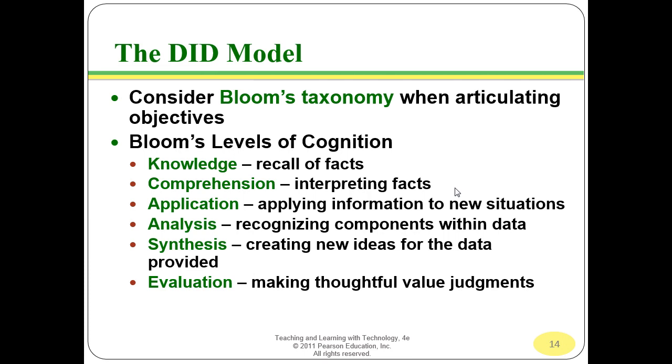It doesn't generate any heat. It's an amazing process. Who thought we'd be welding metal with laser beams? People came up with new ideas of how to do that once the technologies became available. And then finally, evaluation, making thoughtful value judgments based on the performance.